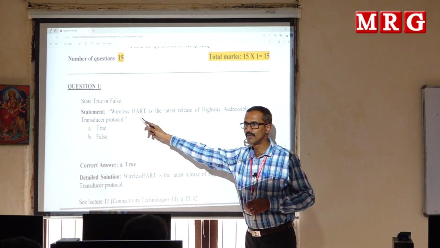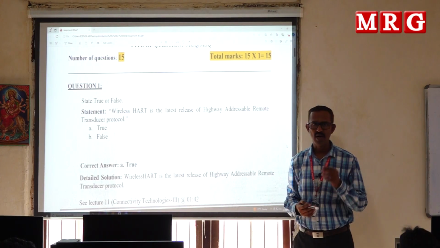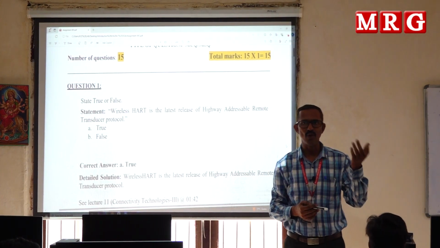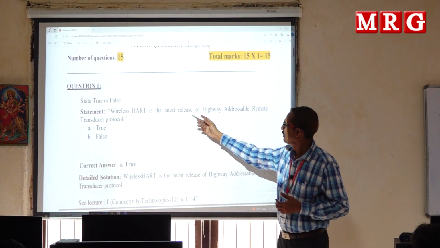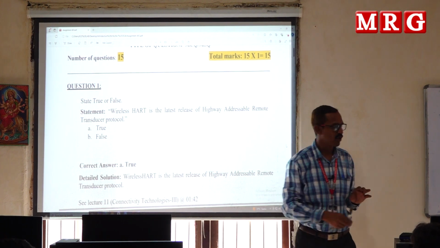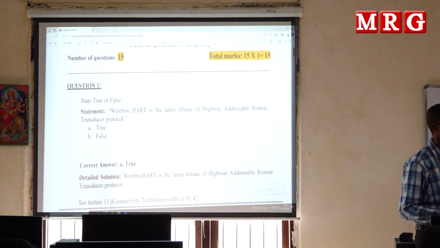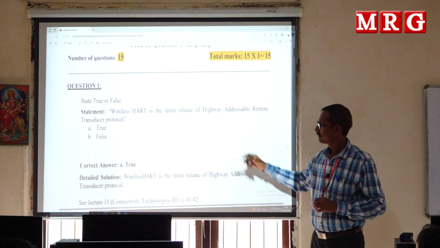HART was a standard protocol used in industrial IoT. Then they extended the same HART protocol to wireless. So that is an extension. It is the latest release of the Highway protocol. Next.